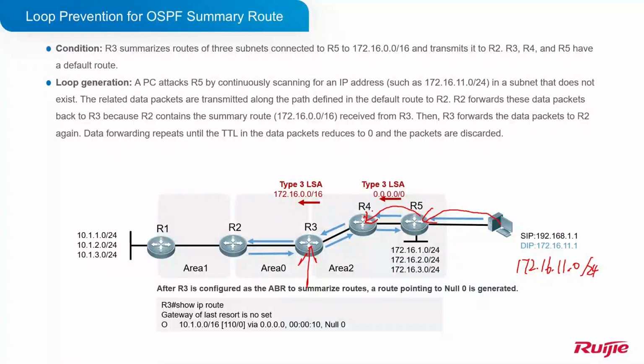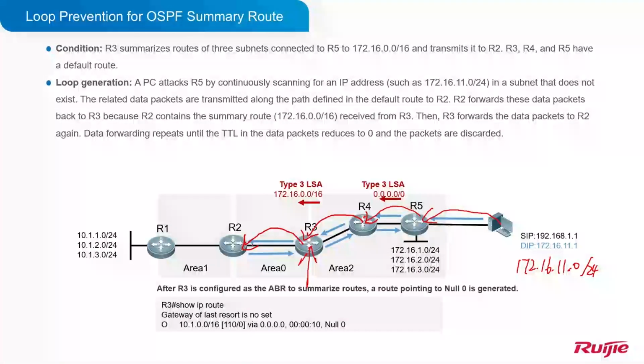And then the R4 device also sends the packet to R3 device, because R4 has the default route and the next hop is R3, right? And R3 will check the routing table and send the packet to R2 device, following the default route.